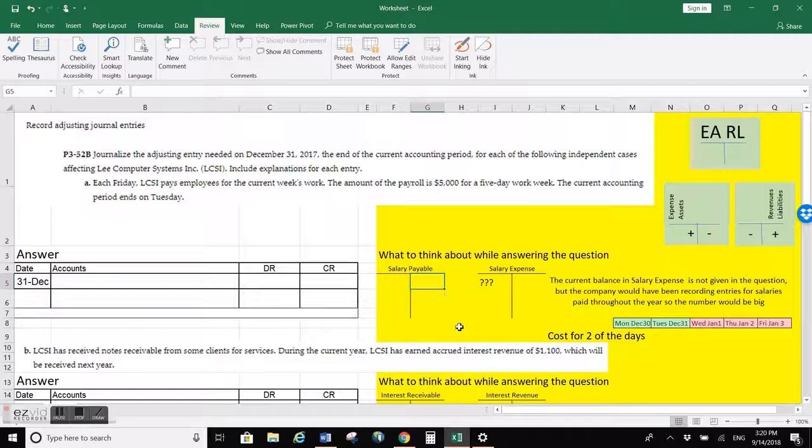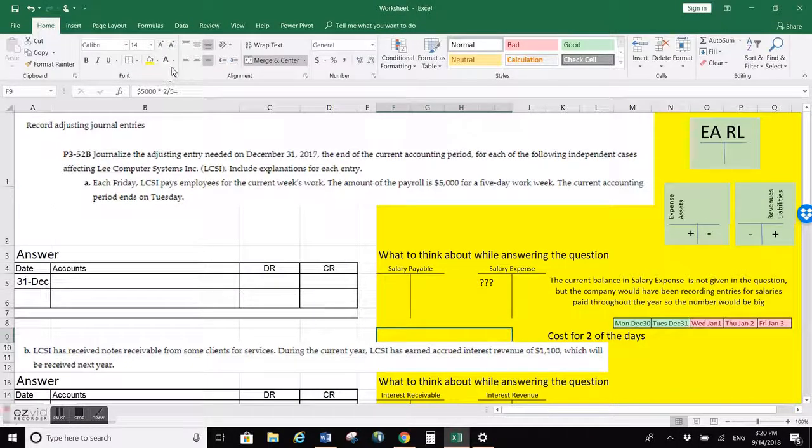So let's look and see how we do this. We have 2 of the 5 days that are in the time period in question. So if we take that $5,000 and multiply it by 2 out of 5, we'll get the cost for 2 days.